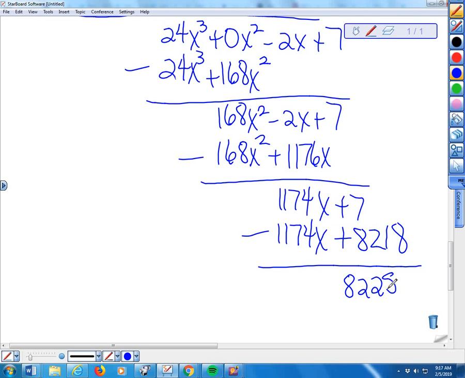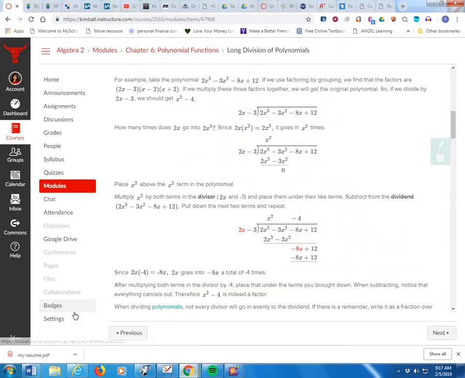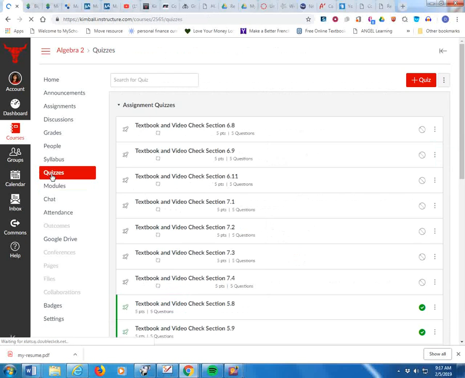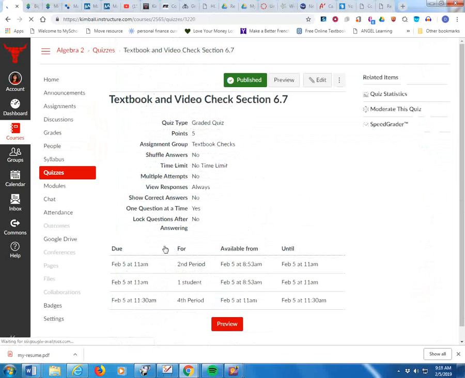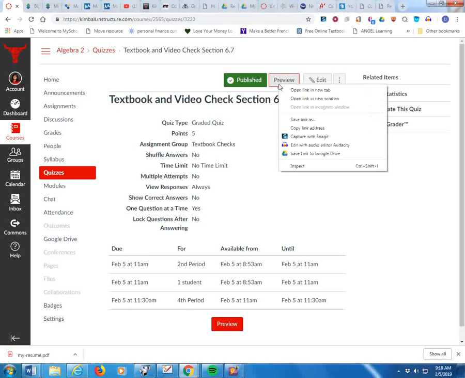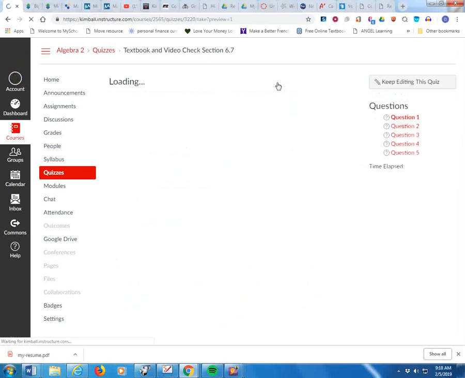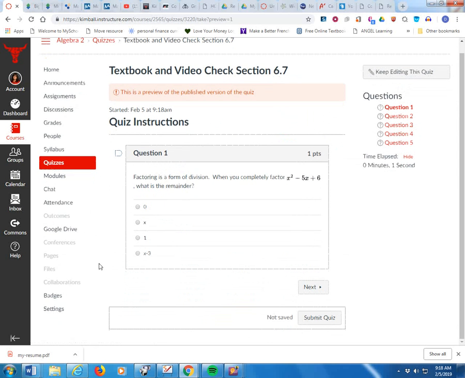Okay, let's go through the textbook chart. Factoring is a form of division. When you completely factor x squared minus 5x plus 6, what is the remainder? 0. If it's completely factored, there's no remainder.